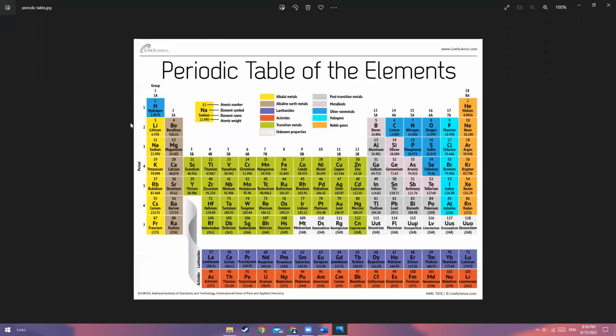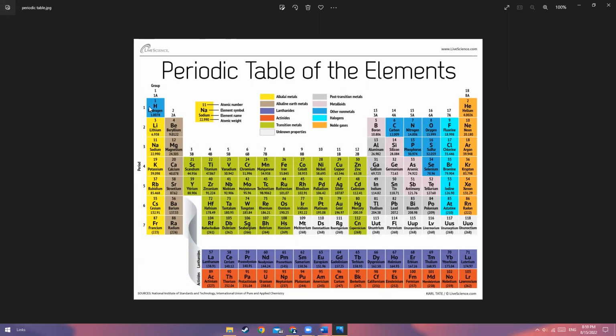The periodic table is sorted by atomic number, so it starts low. Hydrogen has an atomic number of 1, meaning 1 proton. And you read it like a book. As you read left to right and down each row, there's a slow increase in the atomic number as well as the mass in most cases.